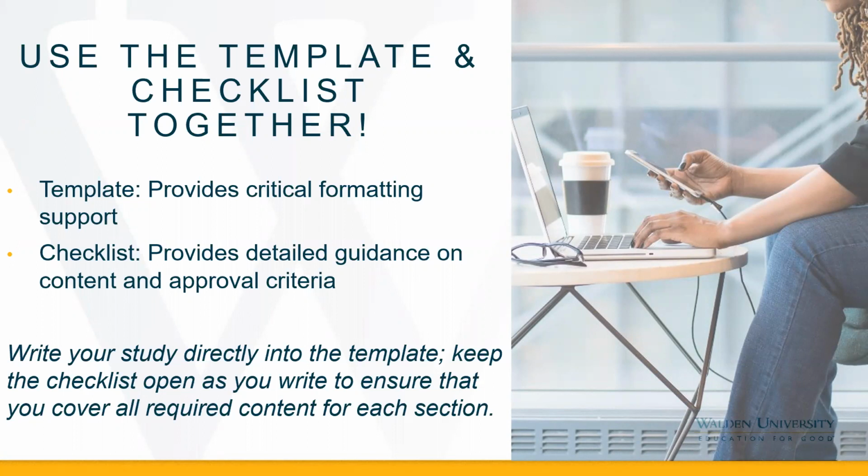So up on your laptop, on your screen, have the template open, and that's where you're going to start writing your document, and then have the checklist open. And you want to be using these in concert with each other. So writing directly into the template and then looking at the checklist to see what content do I need for each of these major components.